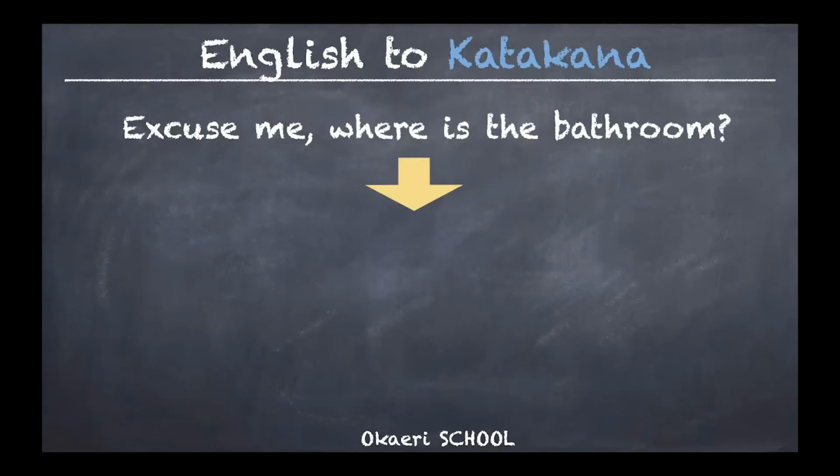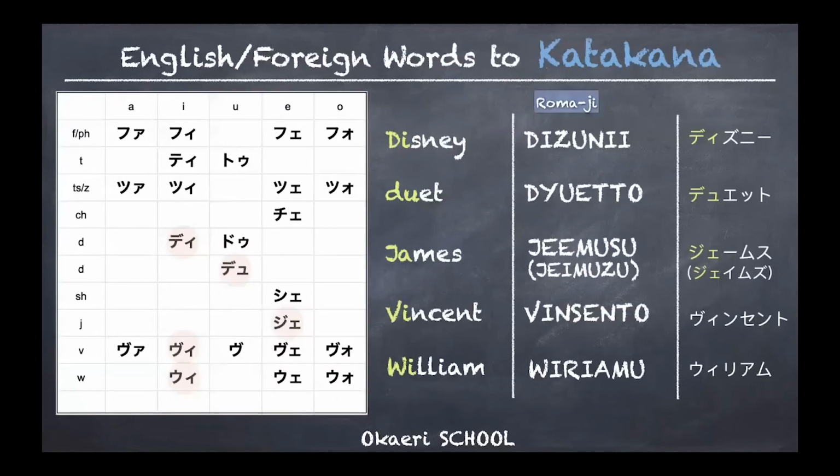Magically, it just happens because the Japanese language is very, very far from the European and Germanic languages, especially in pronunciation. Of course, also in grammar and everything. But now you know how katakana works, how we transform English or foreign words into Japanese words.